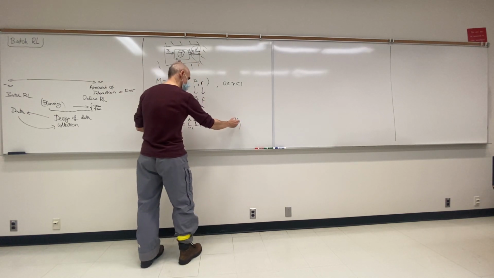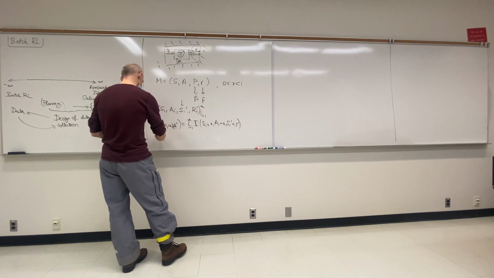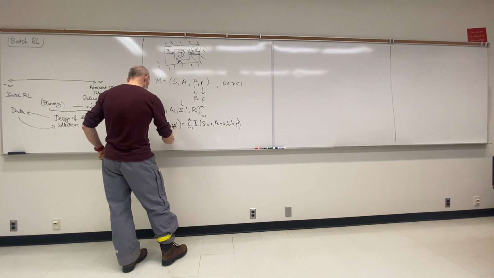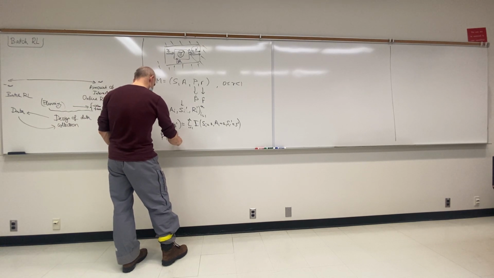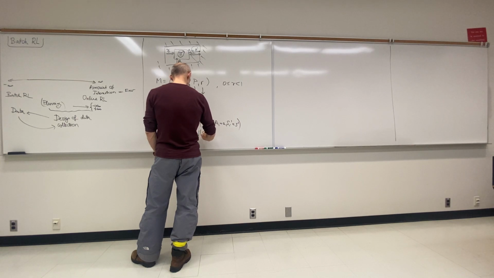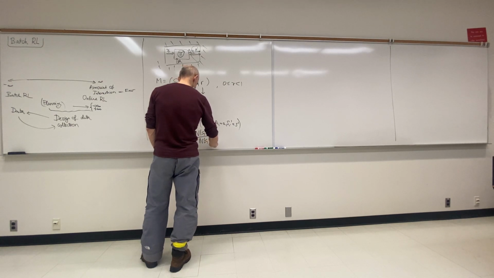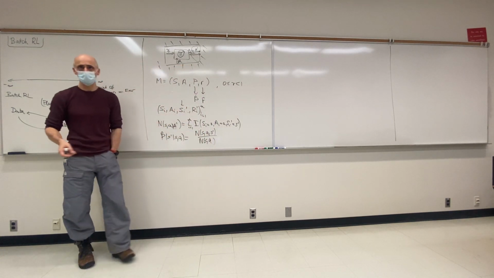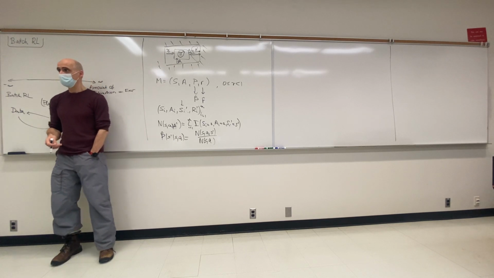So you can just do this counting, and then P hat of S prime given S, A could be just how many times we have seen this triplet, given how many times we have seen just the given state-action pair.